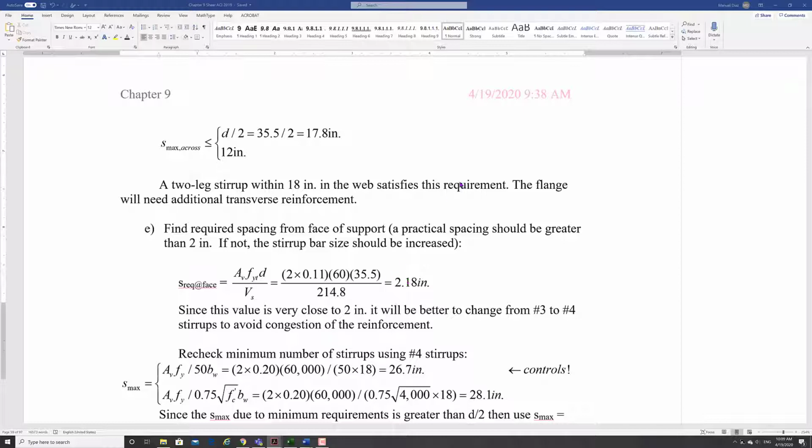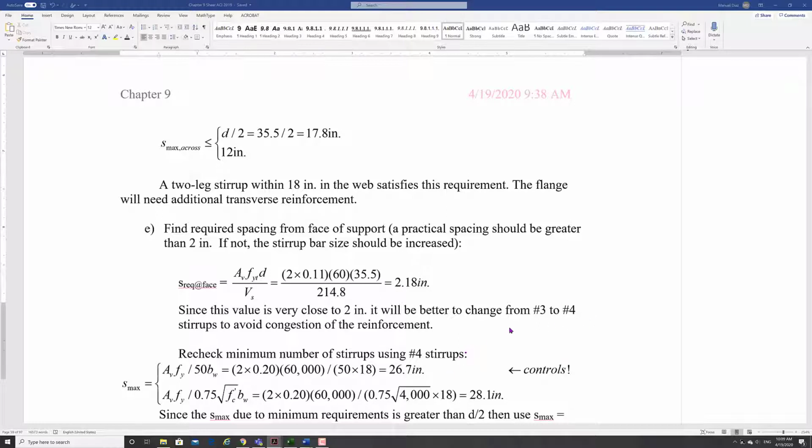So then what that means is using a number 3 stirrup was not a good idea. That's all it means. Okay, so if your spacing is too small, you change the size of your stirrup. That's how you decide if you need a number 4 or you need a number 5, right? So depending on what you get here on spacing.